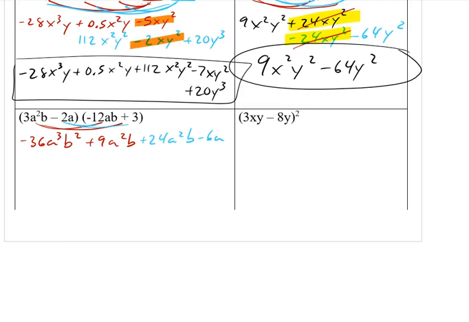Combine like terms, and you get an answer of negative 36a cubed b squared. This can combine with this to give me 33a squared b and minus 6a.